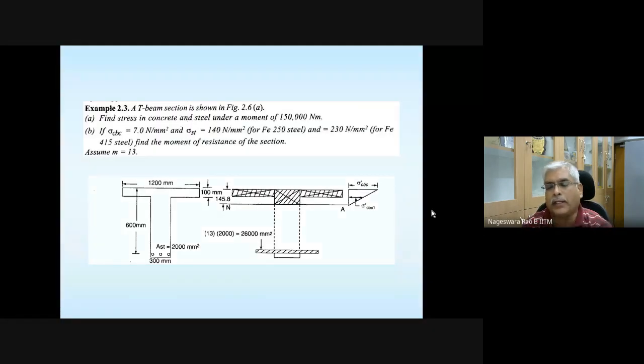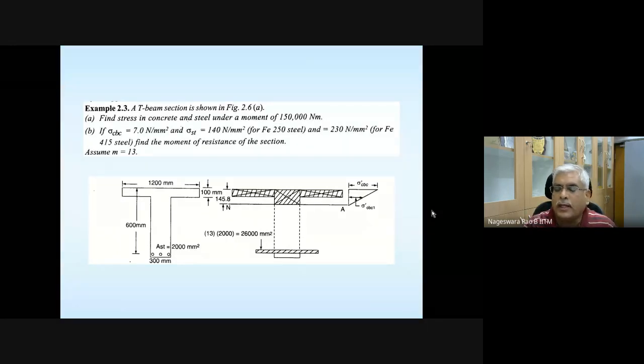Given a section, irrespective of its shape, if you are good in elementary calculus, you will be able to find the area of any irregular geometry. Using those concepts, you can find the area of any irregular shape.